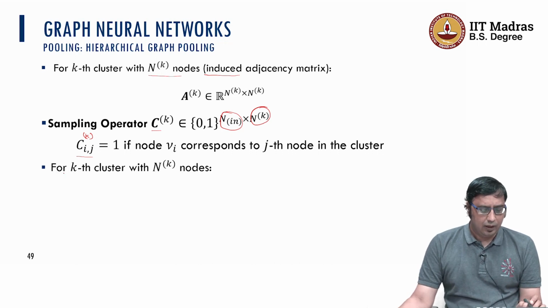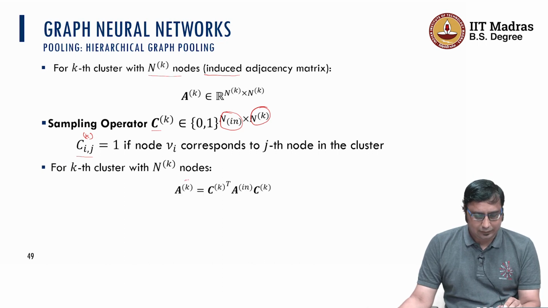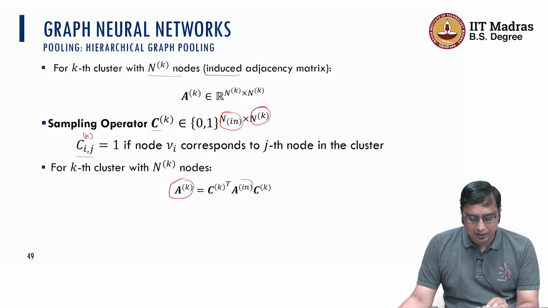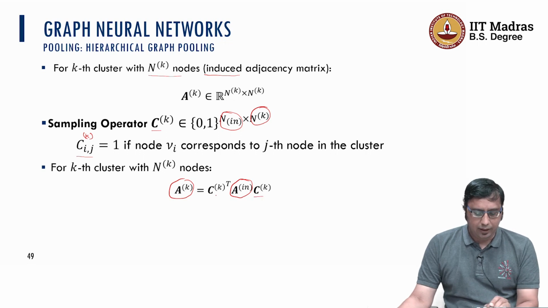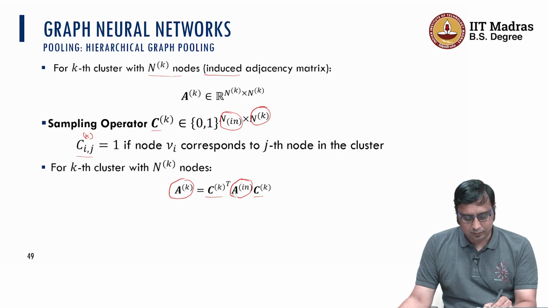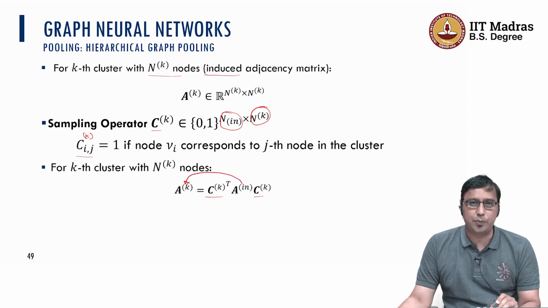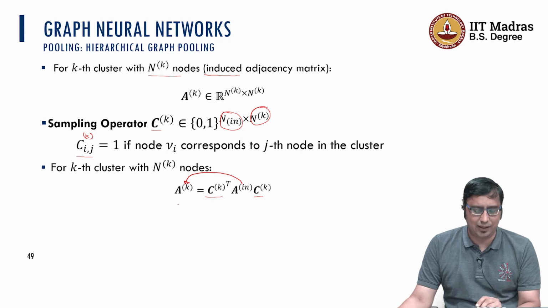For the kth cluster with n_k nodes, the induced adjacency matrix can be obtained using the adjacency matrix corresponding to the input graph. Here we can see that we pre- and post-multiply with the sampling operator, which samples the adjacency matrix of the input graph to a corresponding induced adjacency matrix for the kth cluster.